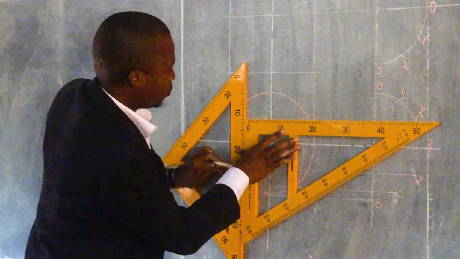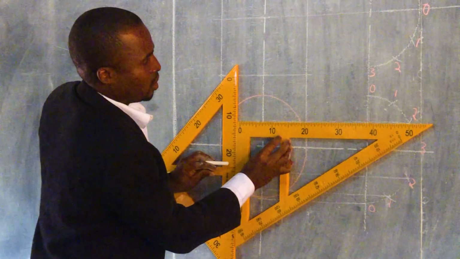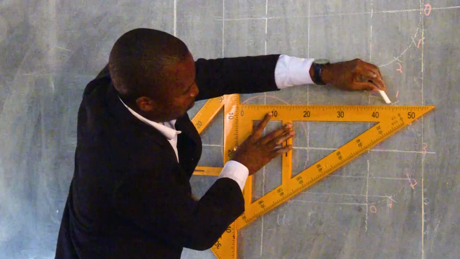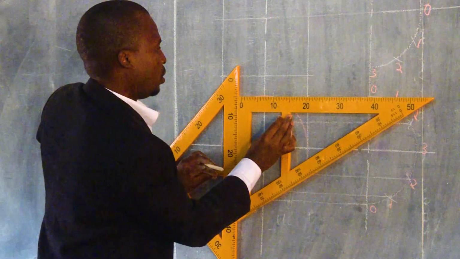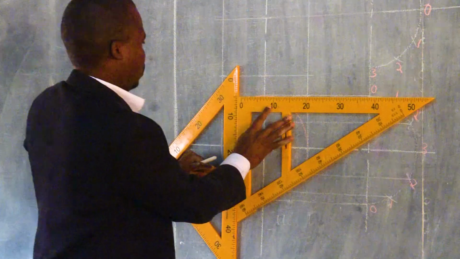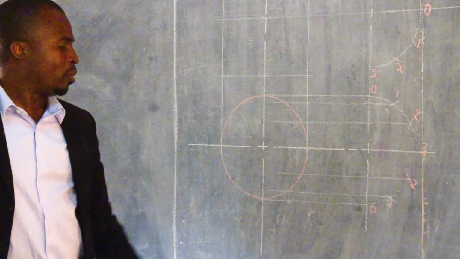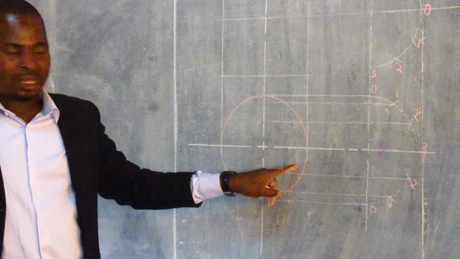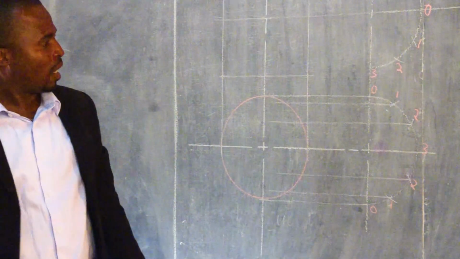And then 2, like that, and then 1, there, and then 0. All these lines are supposed to be parallel to the center line. These lines that are drawn are supposed to be parallel to the center line.